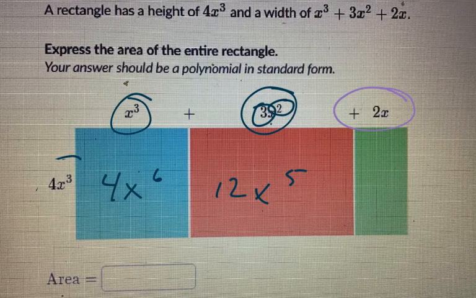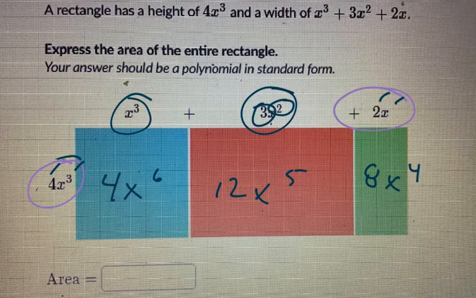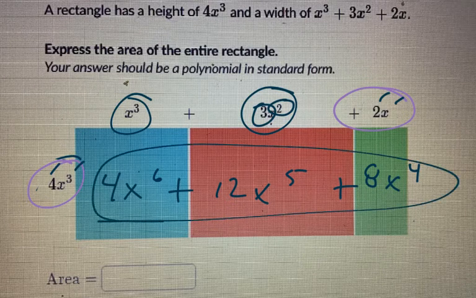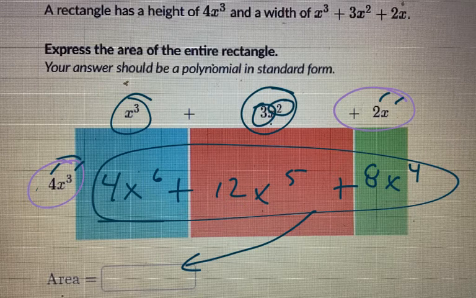Finally, we're going to do 2x times 4x^3. That's 8, because 2 times 4 is 8. And the x^1 times the x^3 is x^4. Again, everything happens to be positive in this case. So you're going to type this in correctly in our box right there. And you're going to have to do at least one or two more before you get 100%, guys.